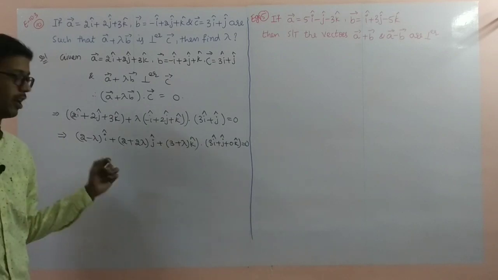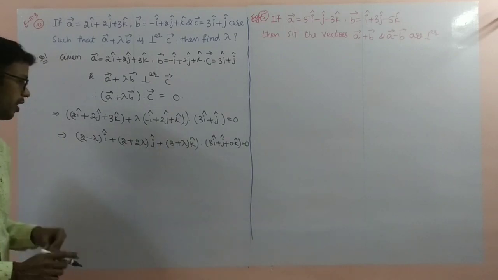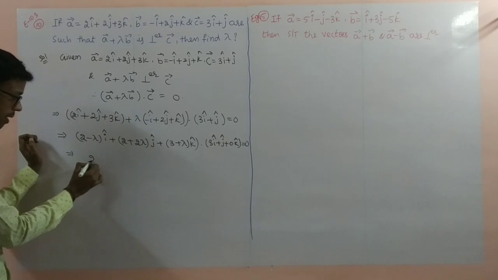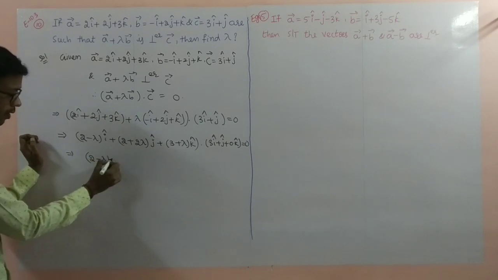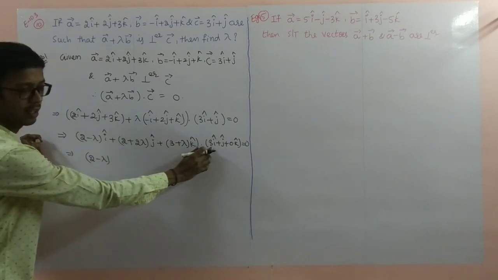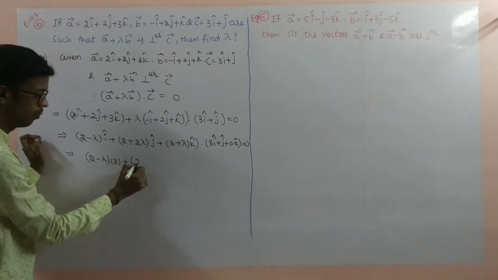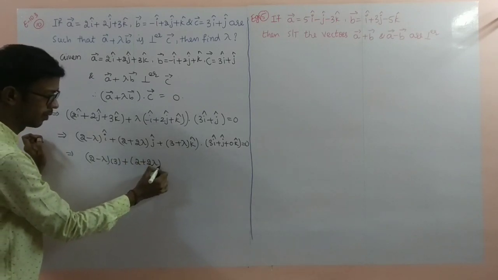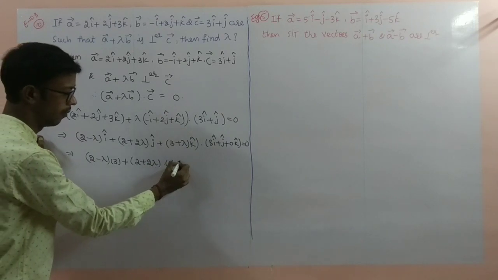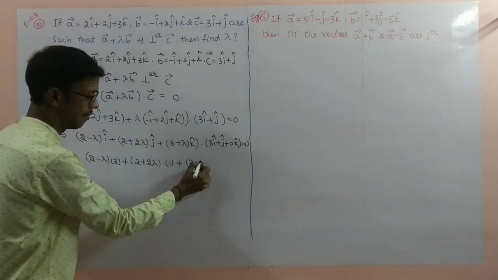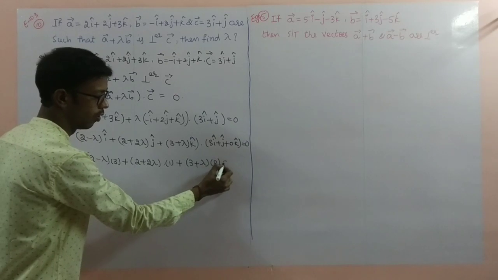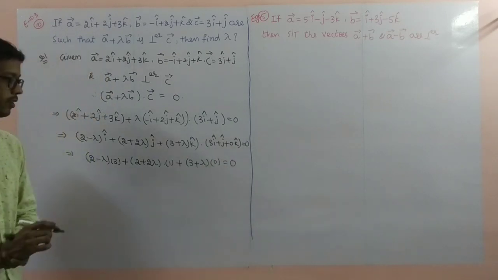Now the dot product, corresponding elements multiplication. So 2 minus lambda into 3, plus 2 plus 2 lambda into 1, plus 3 plus lambda into 0. The total value should be 0.